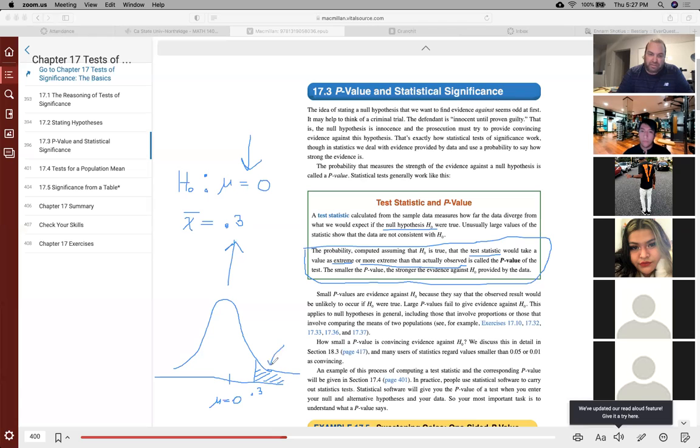The probability of landing in this region, which we know how to do from a few chapters ago, that's the p-value. The p-value is the probability of getting what I got or something even more extreme, something even further away from my null hypothesis value. That we can get on Crunch It, on the calculator, online. We have multiple means. Okay, does that make sense?